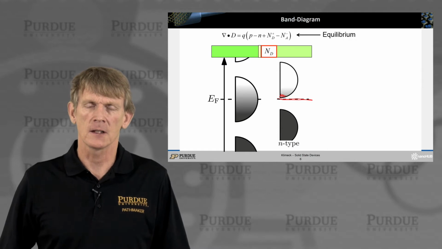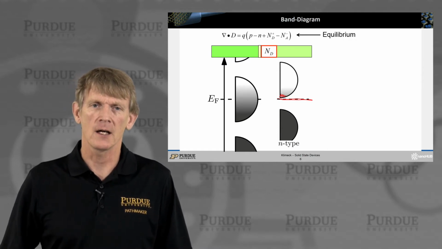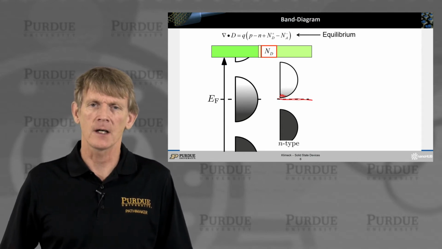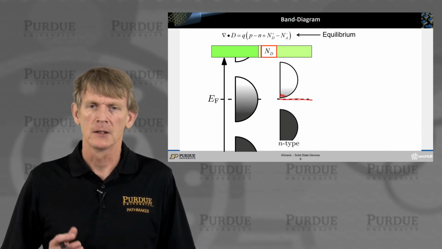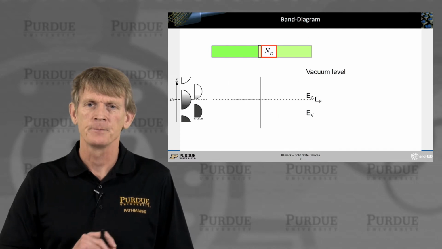There's a ton of density of states. There's a ton of carriers. The number of carriers you have at the Fermi level for a metal is vastly, vastly larger than what you have in a doped semiconductor. So you need to keep that in mind for the next few pages.